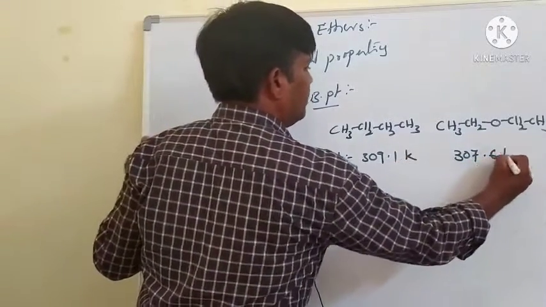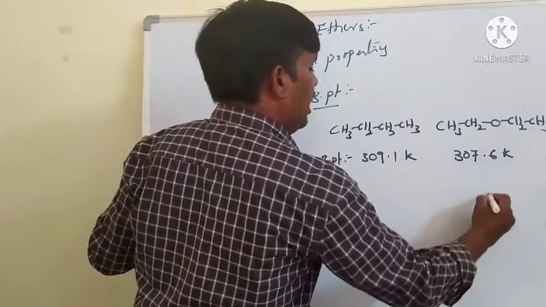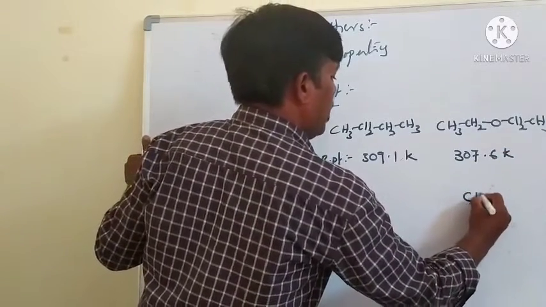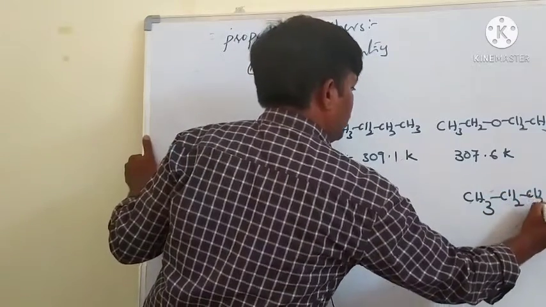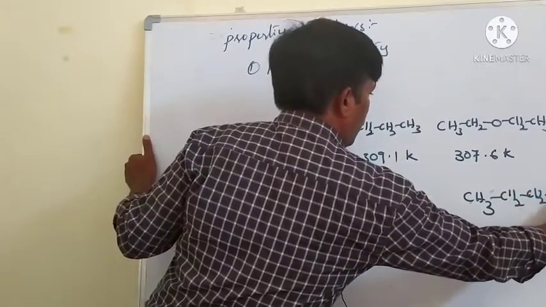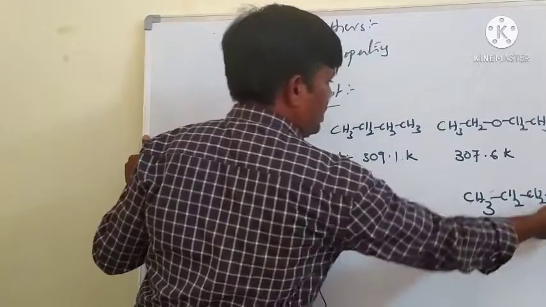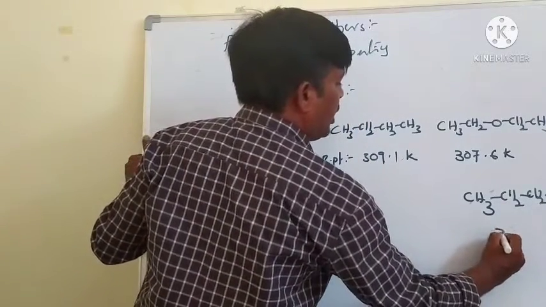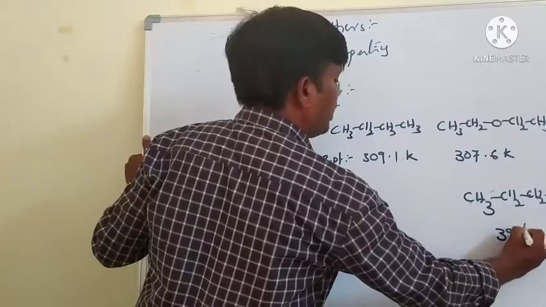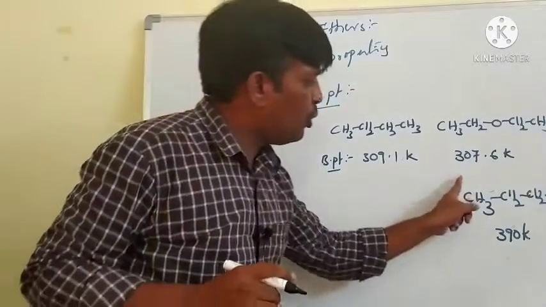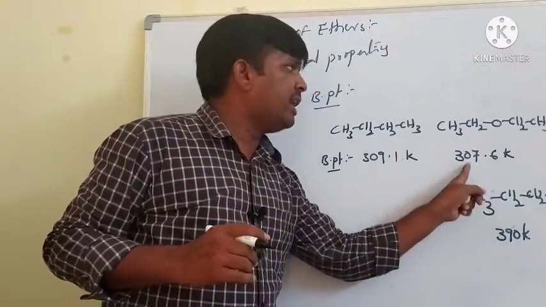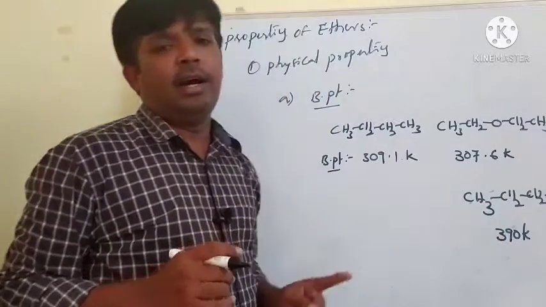In the case of alcohols, the corresponding alcohol is CH3, CH2, CH2, CH2OH, that is 1-butanol. The boiling point is 390 Kelvin. There is so much difference between ethers and alcohols.